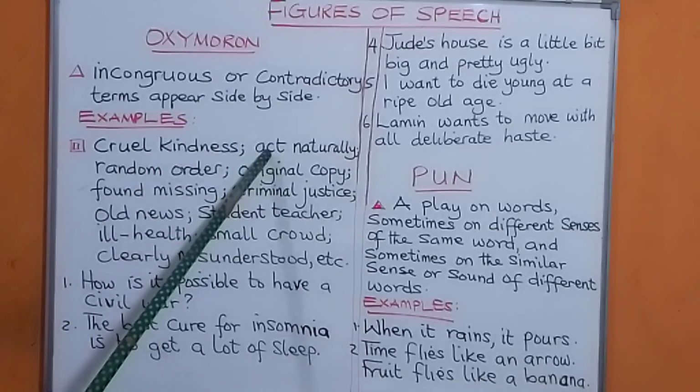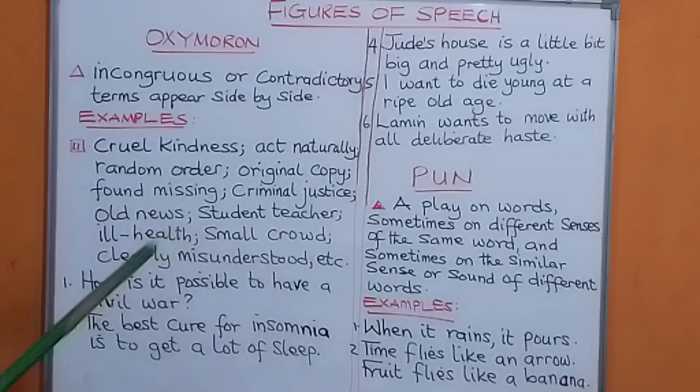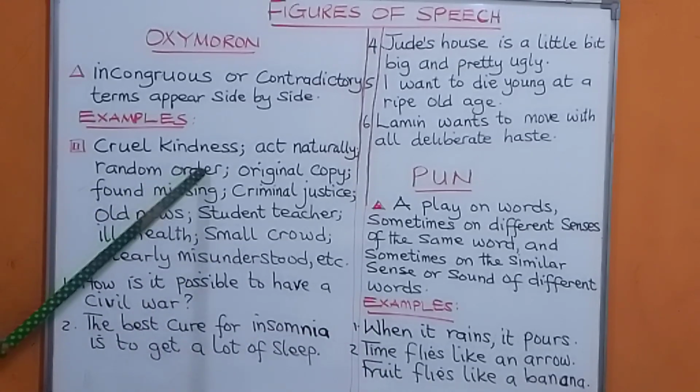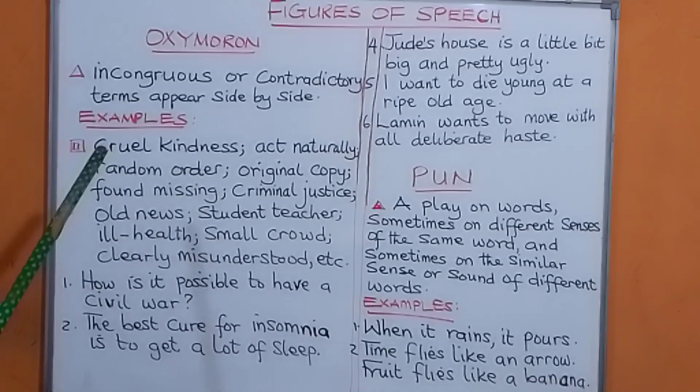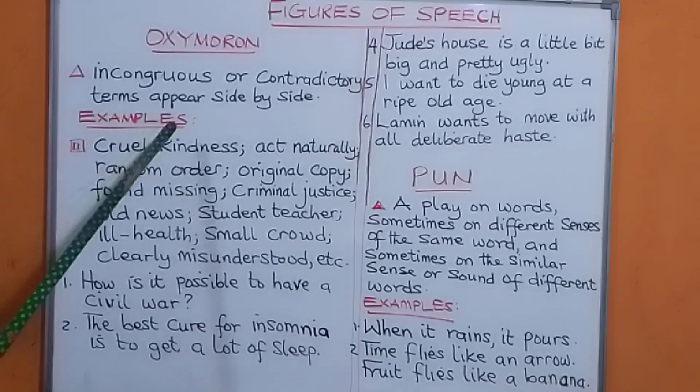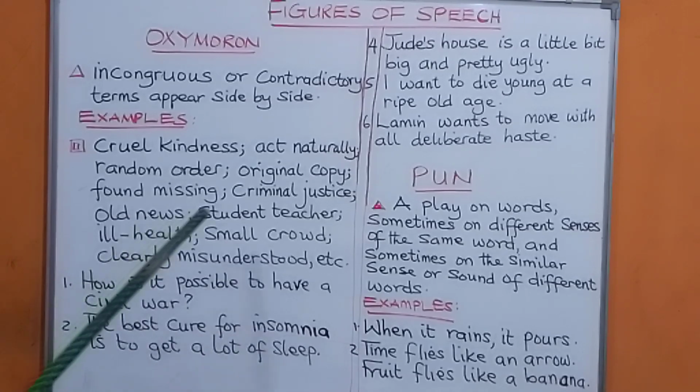If you act it, it's no longer natural. This is oxymoron. Now look at random order. How can it be random and you are saying order? You are placing two opposing, contradictory terms side by side. That is oxymoron.